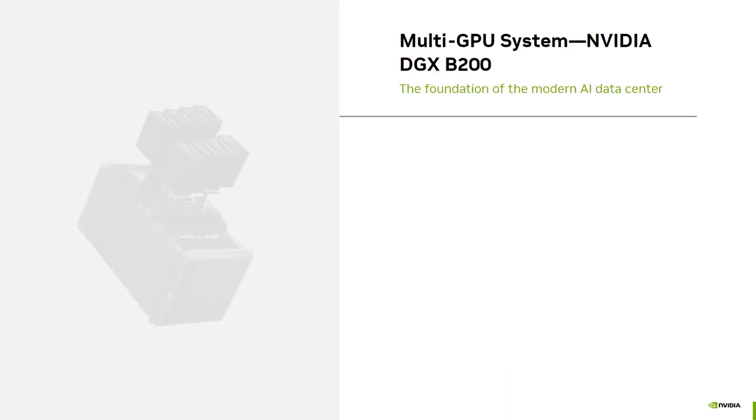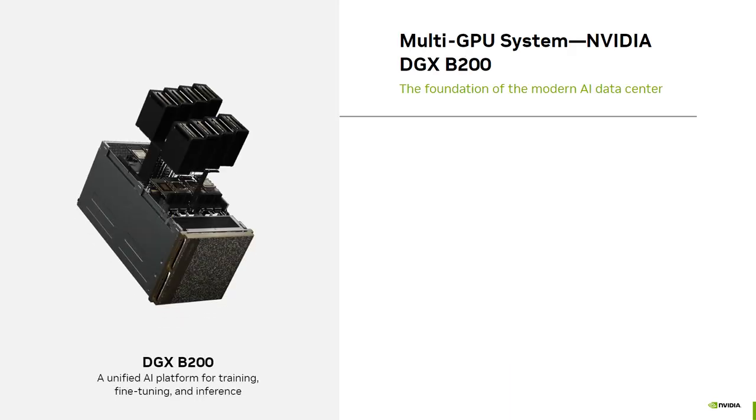The NVIDIA DGX B200 system is the latest addition to the NVIDIA DGX platform. This unified AI platform defines the next chapter of generative AI. Equipped with 8 NVIDIA Blackwell GPUs interconnected with 5th-generation NVIDIA NVLink, it delivers breakthrough performance for the world's most complex AI problems, such as large language models and natural language processing.